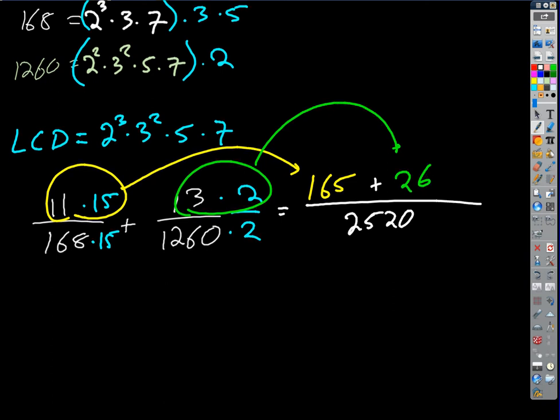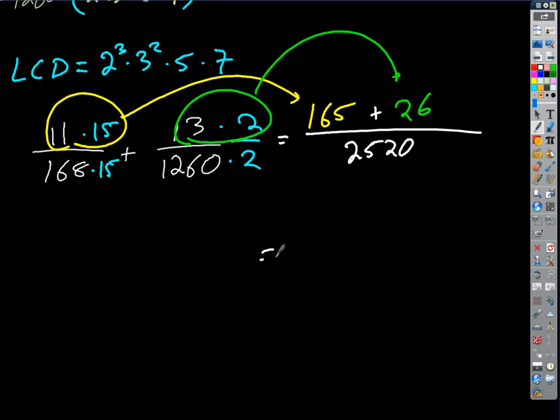And so we end up with, our answer is 165 plus 26, what is that? 191 over 2520. Okay? That's it. That's our answer. Okay?